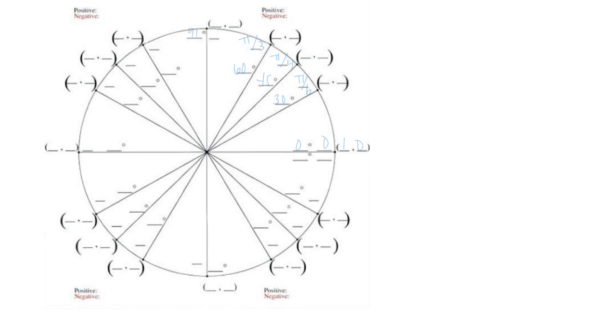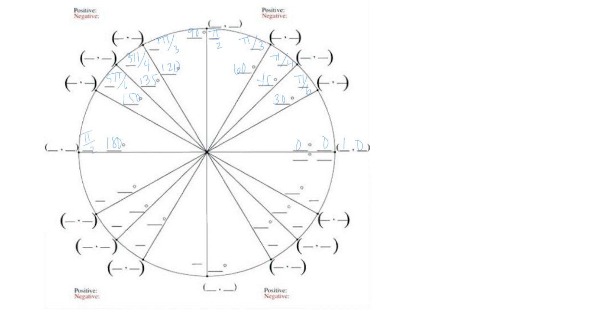This is 90, which is pi over 2. 120, which is 2 pi over 3, 135, which is 3 pi over 4, 150, which is 5 pi over 6, and 180, which is pi.